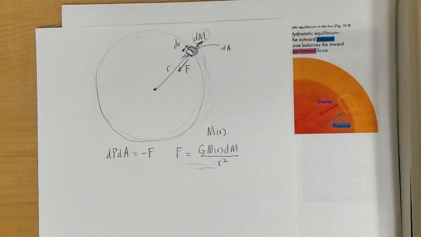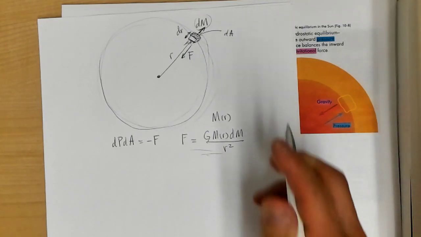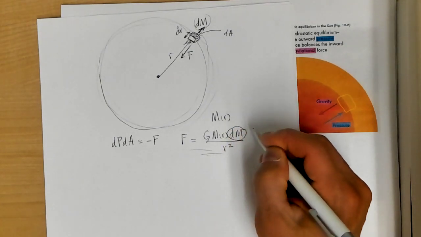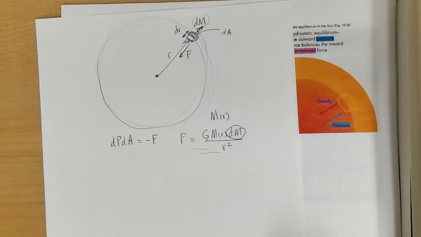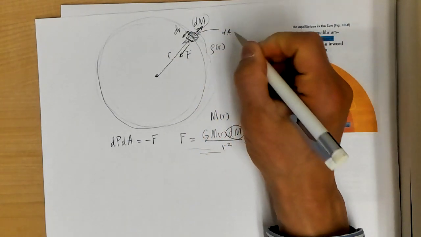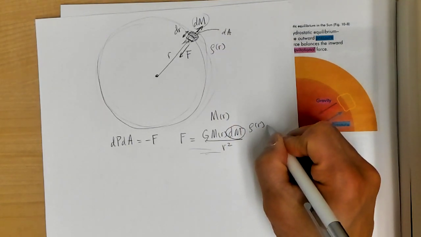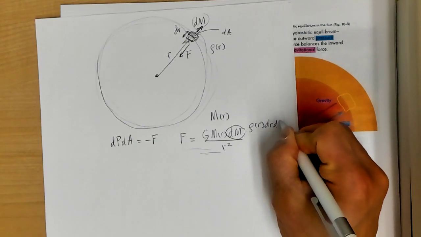I need this to be minus F. Now let's work with this a little bit more. dm is going to be equal to the density of the material out here. Let's say the density at radius r is rho of r. So it'll be the density times the volume, which is dr times dA.